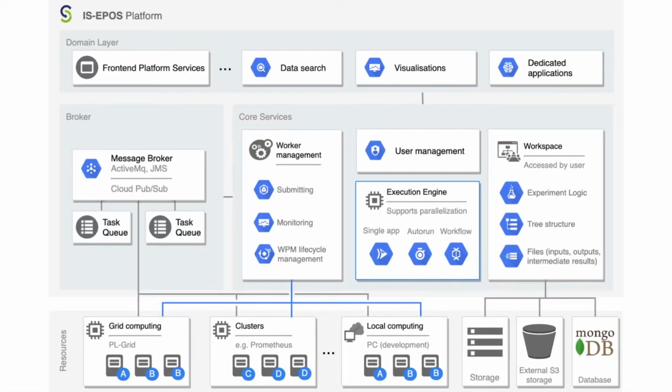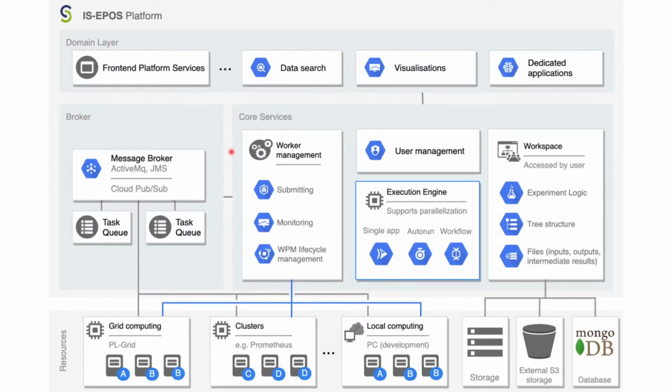Now, I wanted to say a few words about the platform architecture and the technological stack. On the bottom, you can see the resources layer with support for dedicated nodes, clusters, as well as local computing used for development. We are using the MongoDB database to store workspace metadata, workflow structure, user information, etc. The next component is the broker component, which communicates with grid resources.